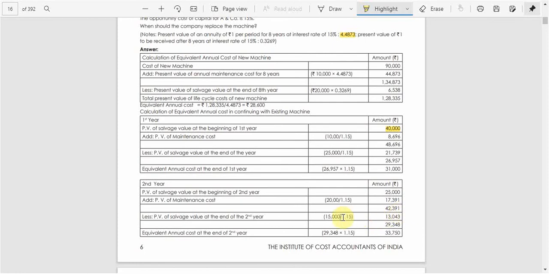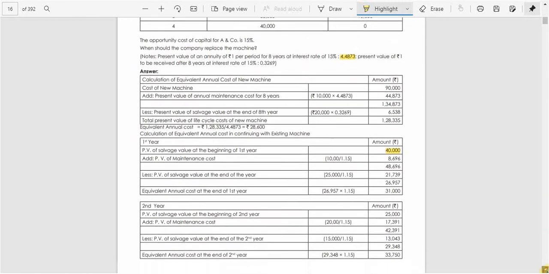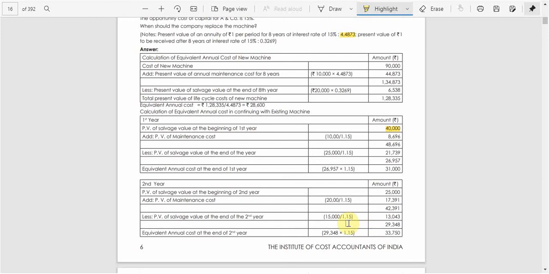Again, we need to deduct the salvage value. The salvage value is given as 15,000 after the second year. So 15,000 into 0.869 comes to 13,043.